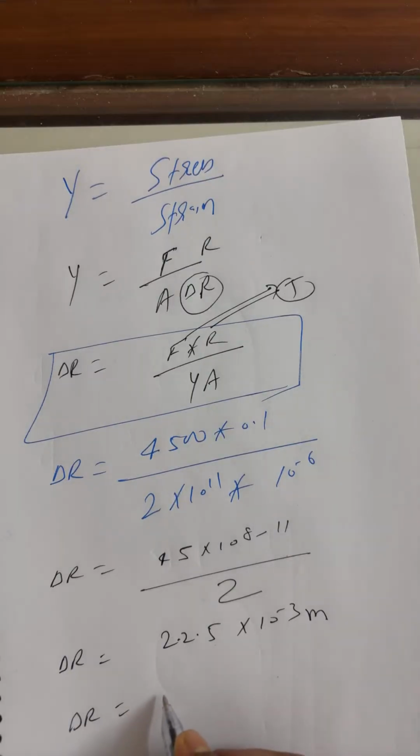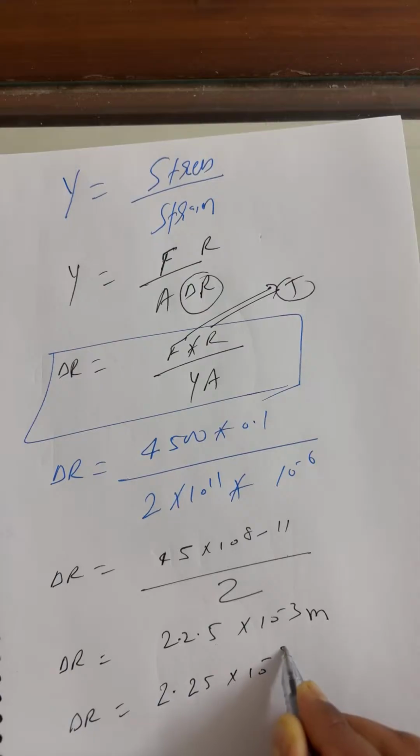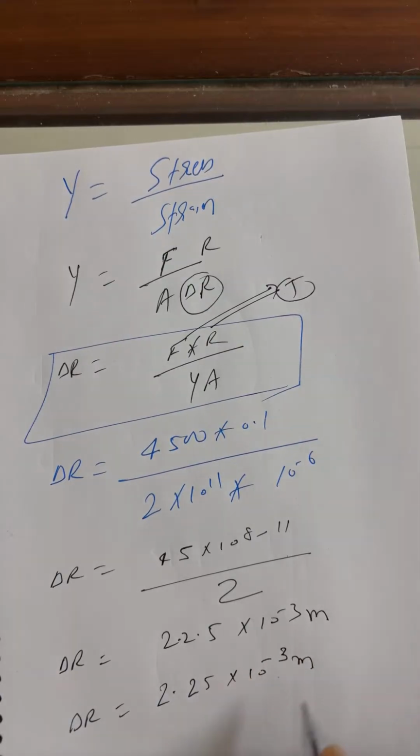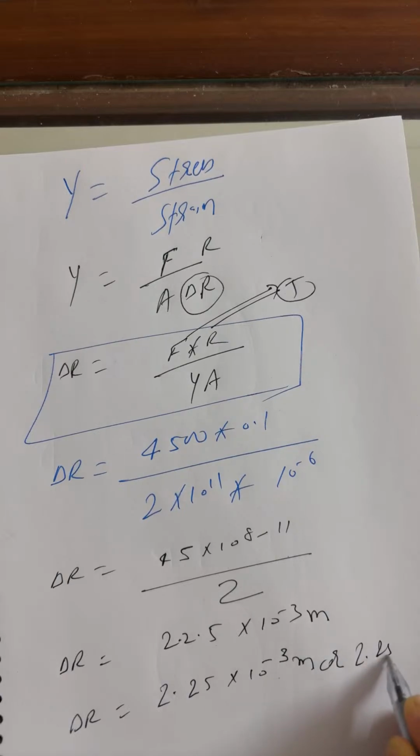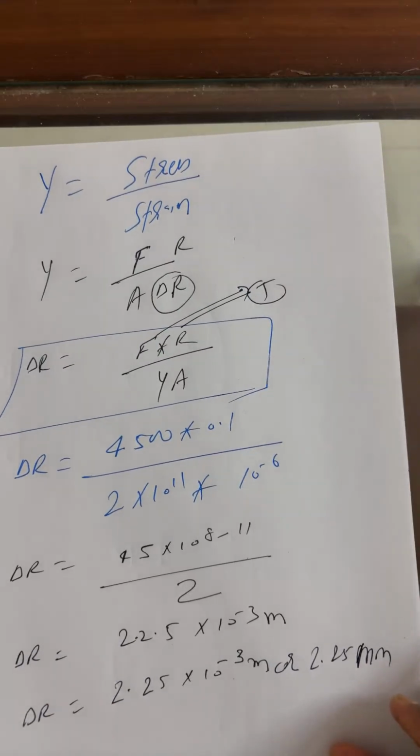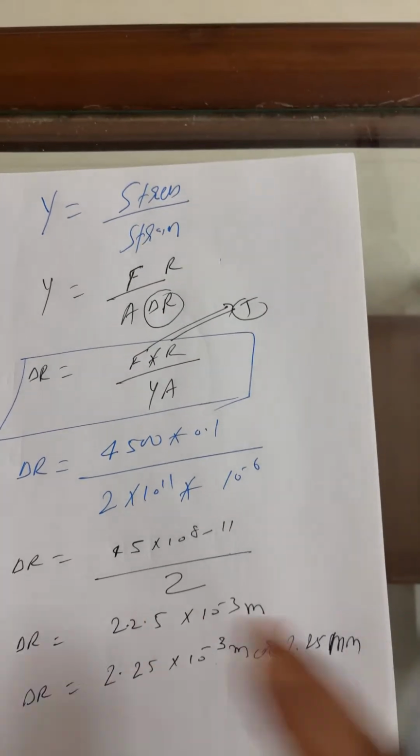So you can write finally delta R equals 2.25 into 10 to the power minus 3 meter, or you can write 2.25 mm.